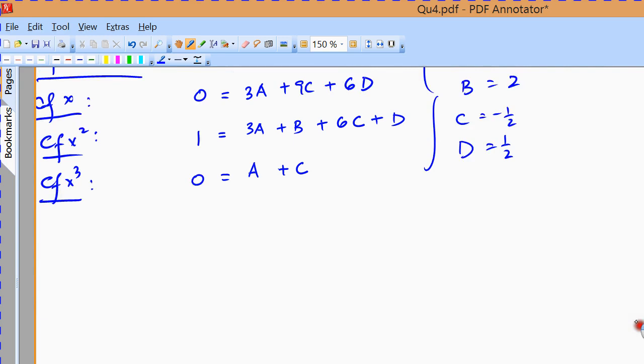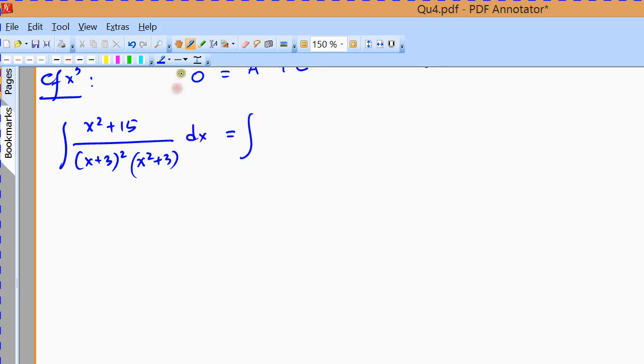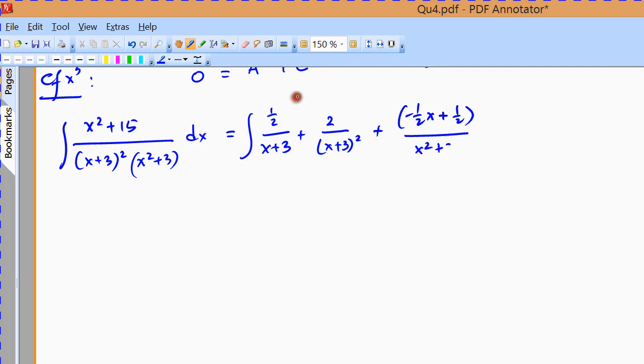So now we can integrate. So this is our question: x plus 3 squared, x squared plus 3 dx. Now we have half over x plus 3 plus 2 over x plus 3 squared plus minus half x plus half over x squared plus 3.